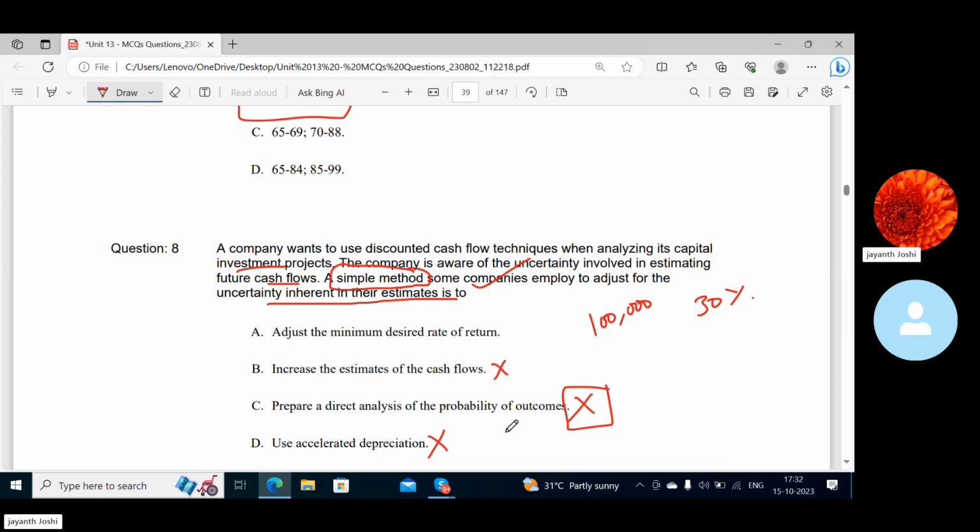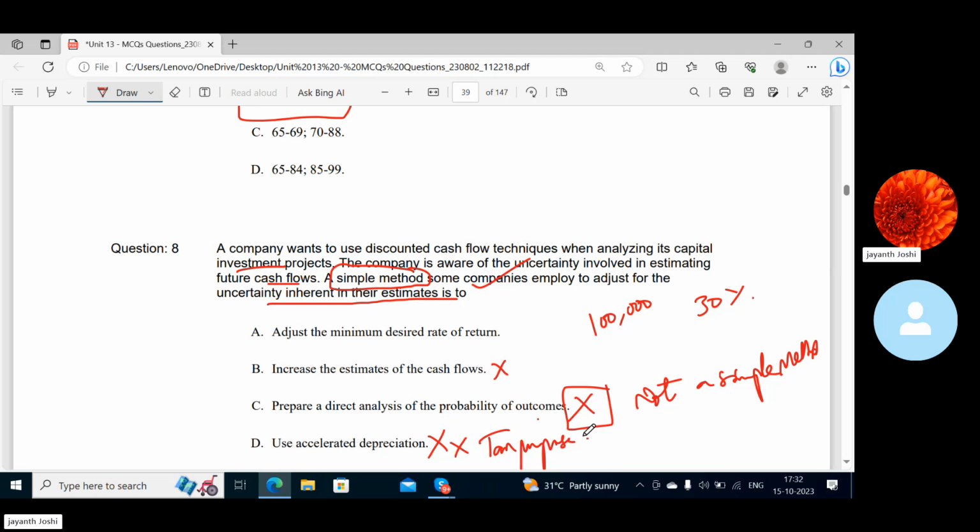This is for tax purposes, and in every capital project we take this to minimize taxes in early years. This is related to taxation. Preparing a direct analysis of probability of outcomes, I already told, is not a simple method of adjustment.